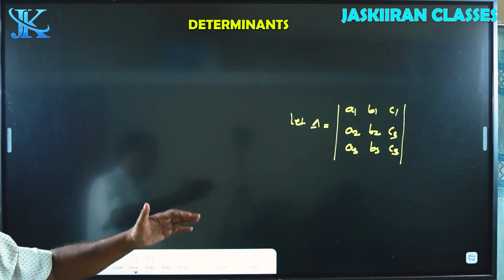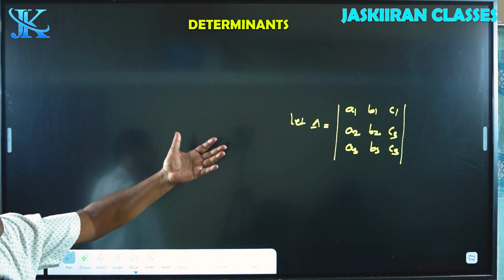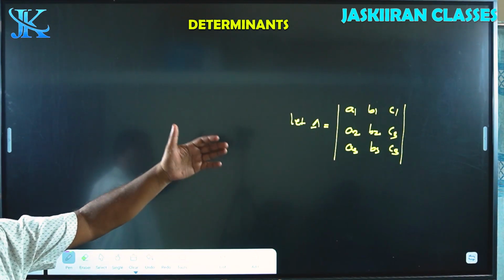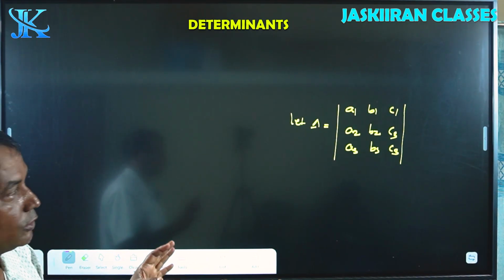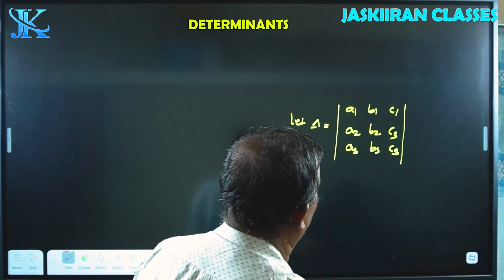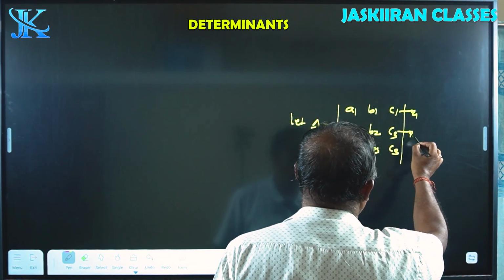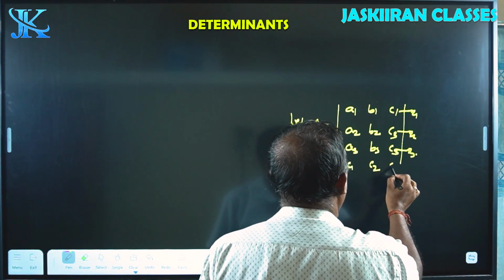And also the third order determinant can be expanded in another way, that is given by Sarrus' method, one of the scientists, on how to solve the third order determinant with a shortcut method. That is row 1, row 2 and row 3, and column 1, column 2 and column 3.